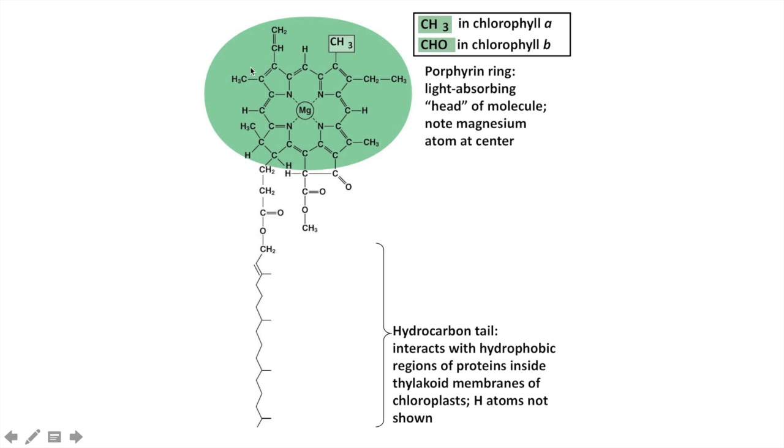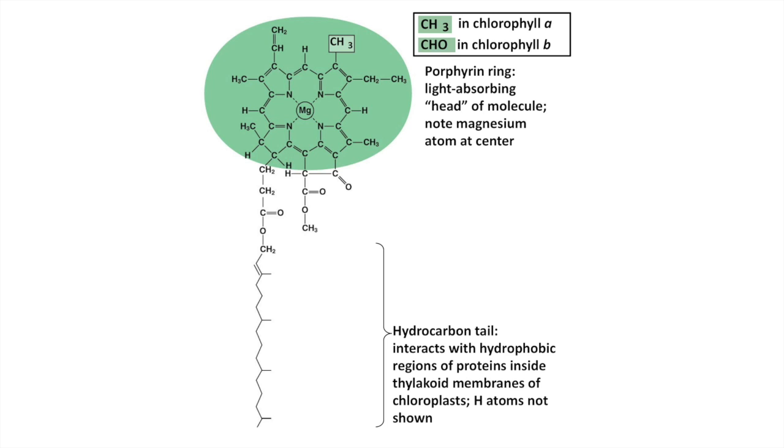But there's this ring of nitrogens that have a magnesium atom in the center. And that magnesium atom is the thing that gets excited. The electrons in that magnesium atom get excited by photons of light. And then you've got this long hydrocarbon tail, which helps to anchor the chlorophyll molecules in the membranes of the thylakoids.